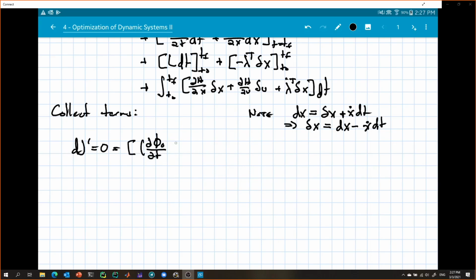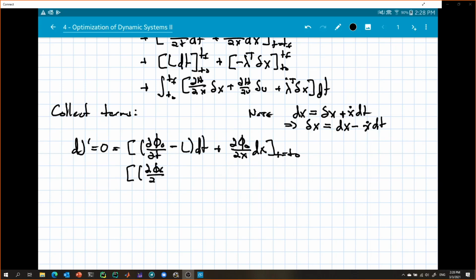So we get the partial of the initial constraint with respect to t, but now we add this path cost term, and that's all multiplied by dt. And the partial with respect to x is still multiplied by dx. You know that this is L dt at tf minus L dt at t naught, so that's where this minus sign comes from.